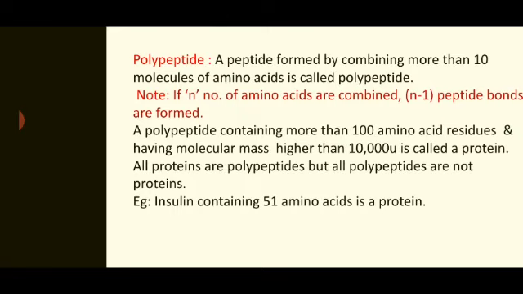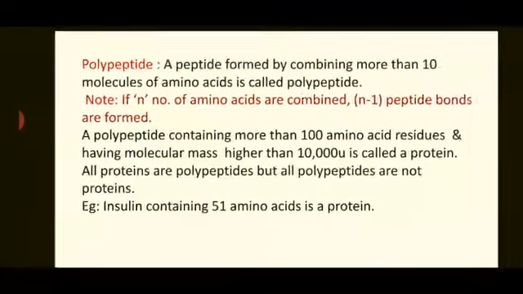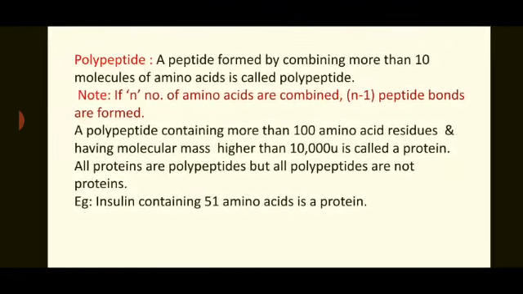So generally we can give a sentence as: if n number of amino acids are combined, n minus 1 peptide bonds are formed. Now why have I given this sentence? Because the question can be asked, if 4 amino acids are combining, then how many bonds are formed? So the answer should be 3.